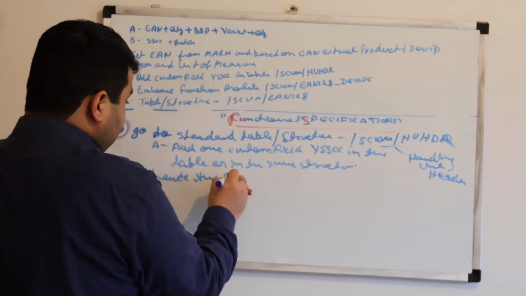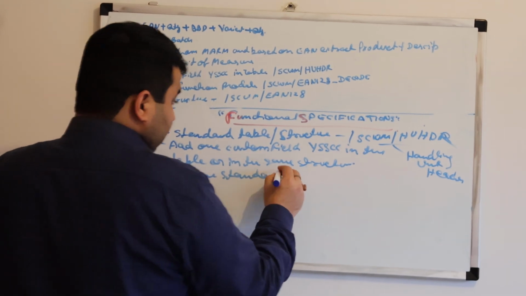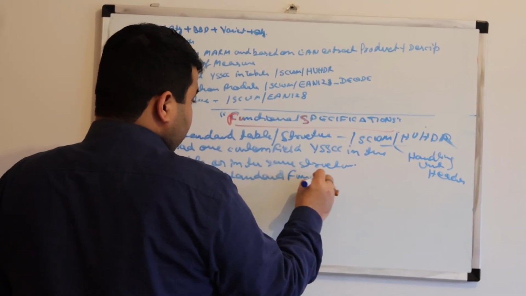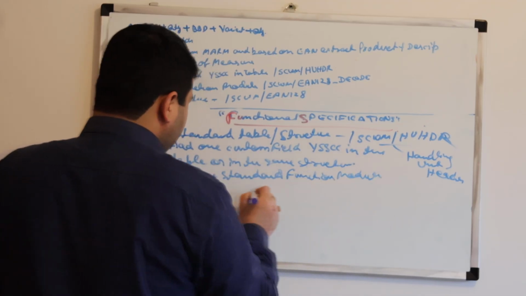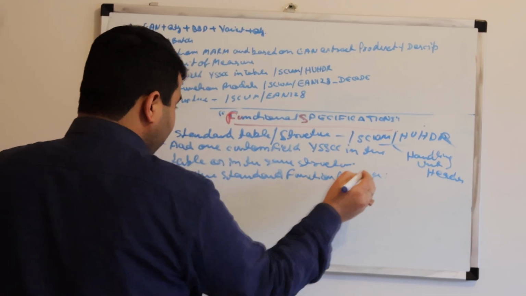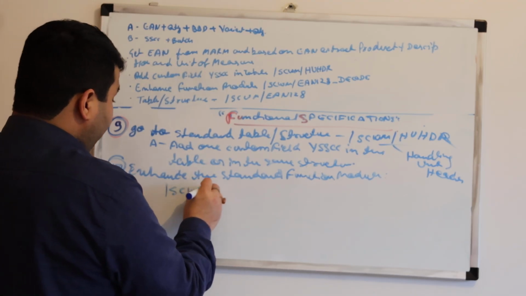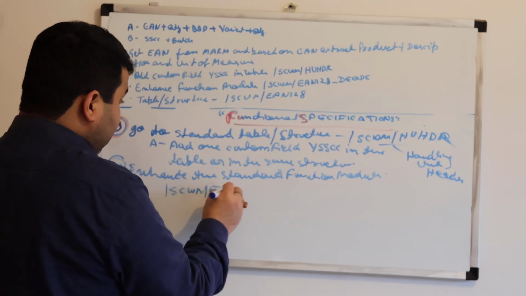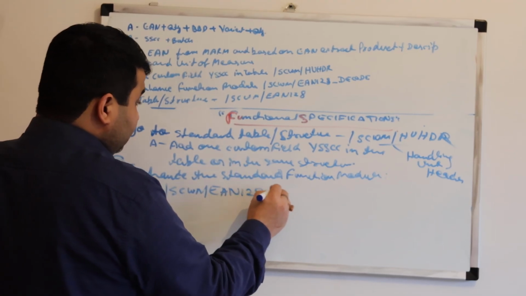Then number 10, enhance the standard function module. Here we put the name. Here I am going to put /SCWM/EAN European article number 128 decode.